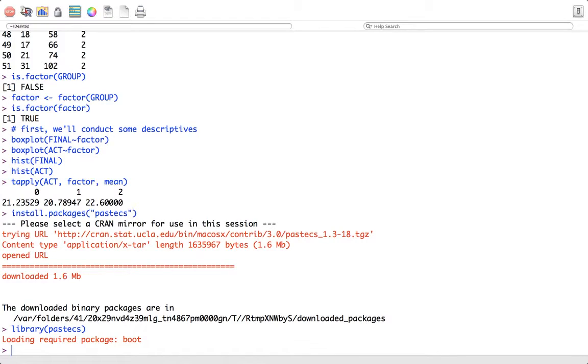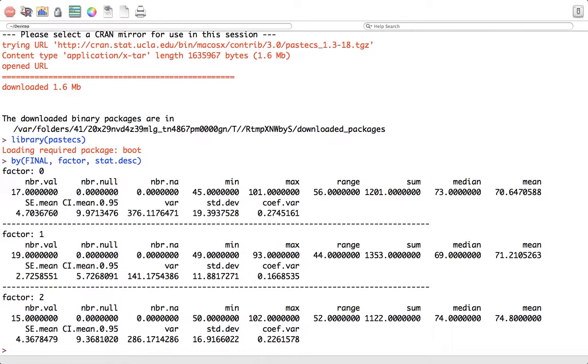Something kind of cool is we can go by. I can put my quantitative variable in. Let's just go final first, because that's the one we're focusing on. And I can put my group, which I call factor, and then I can do something called statdesc. So these are just our descriptive statistics. And it brings up a mess of stuff.